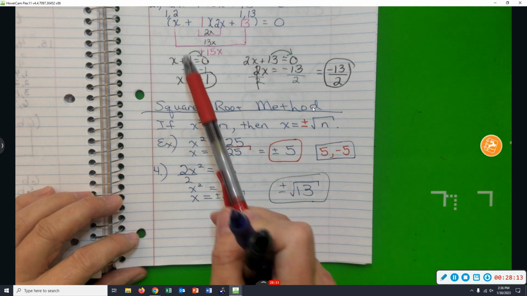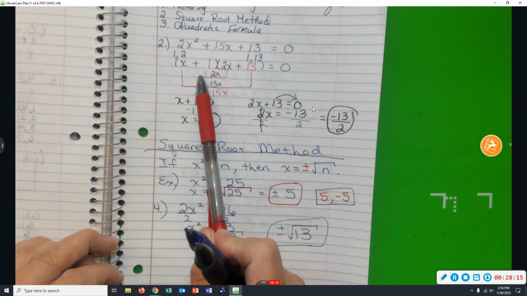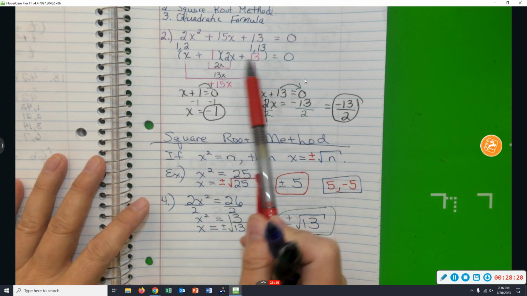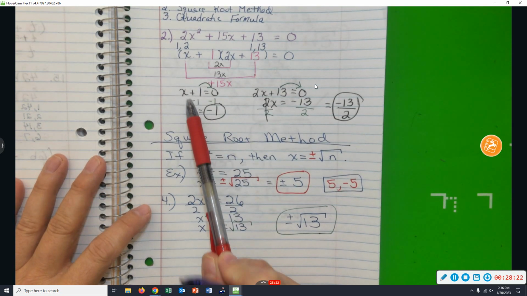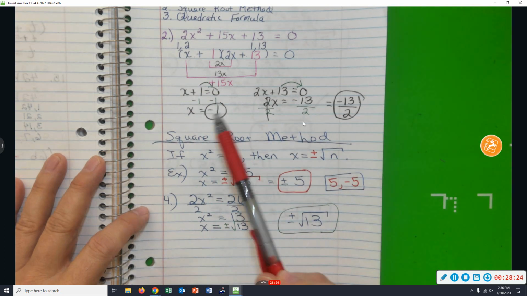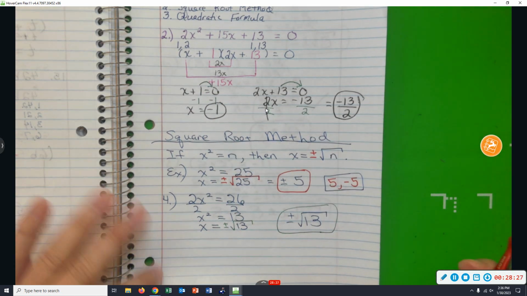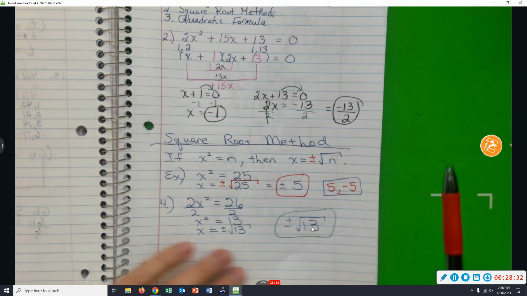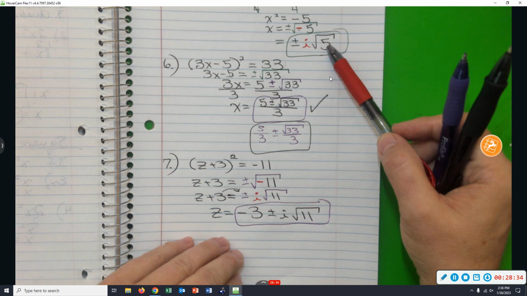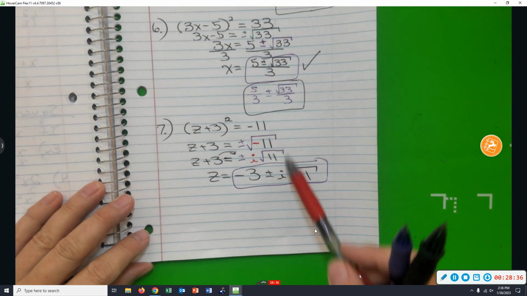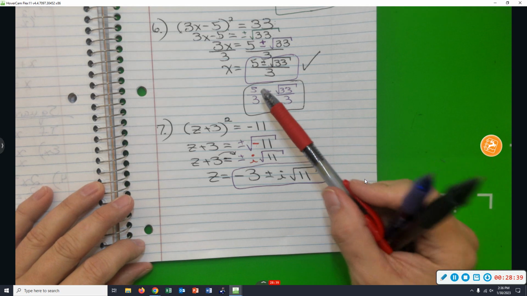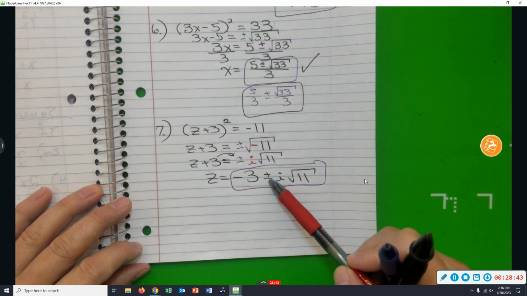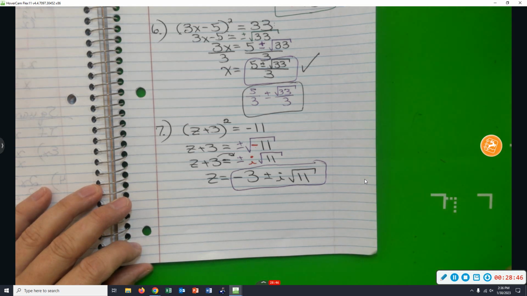If you think about it, it makes sense, because when you're factoring, you're not picking up square roots along the way. You go through isolating the variables, and you're getting rational numbers. Now, with the square root method, you can pick up those imaginary numbers and square roots. Number 7 was a complex number: a real number plus or minus an imaginary number.